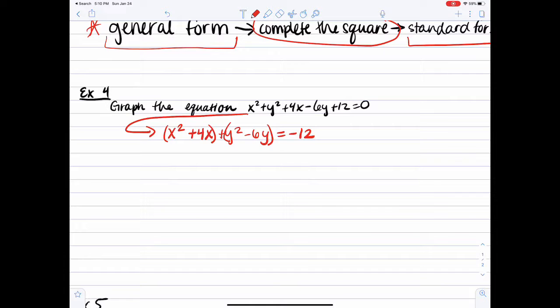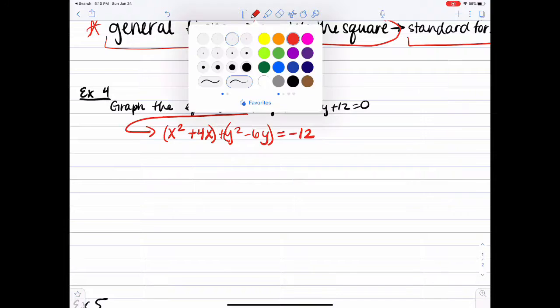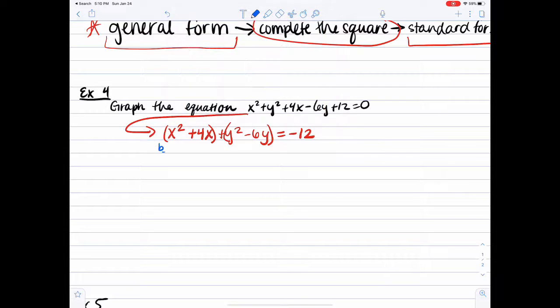So for these x values, remember we need to get b over 2, squared. For these x values, that's this value right here.